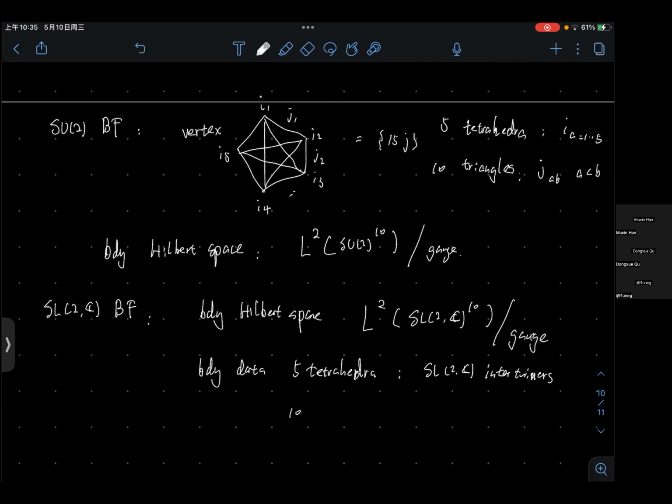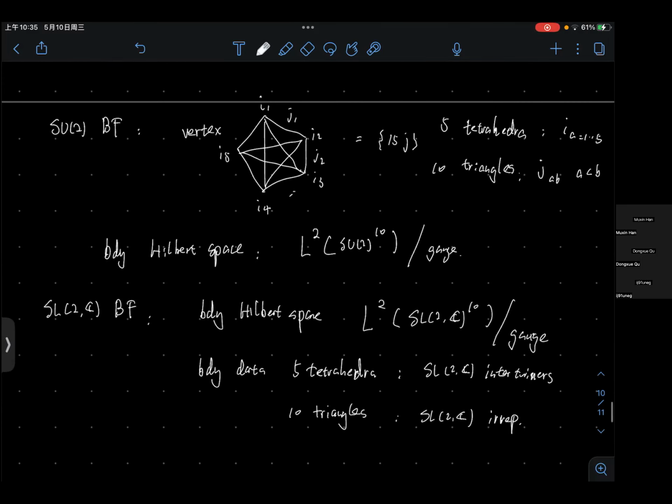There are 10 triangles, carrying SL2C representations, irreps. In case you are not familiar with SL2C irreducible representations, don't worry. I'm going to give you some basic facts about it a moment later.